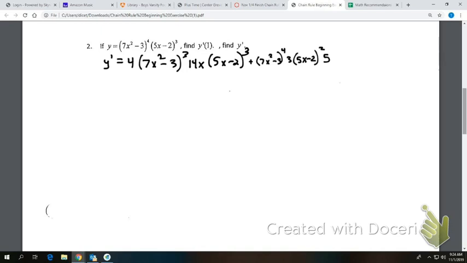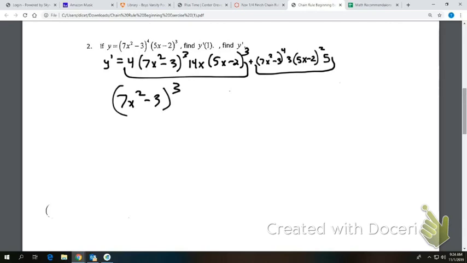Okay, let's simplify it by factoring out. I have this term plus this term. Let's see, what do they both have in them? They both have a 7x squared minus 3 cubed. So we take that out, the 7x squared minus 3 cubed.